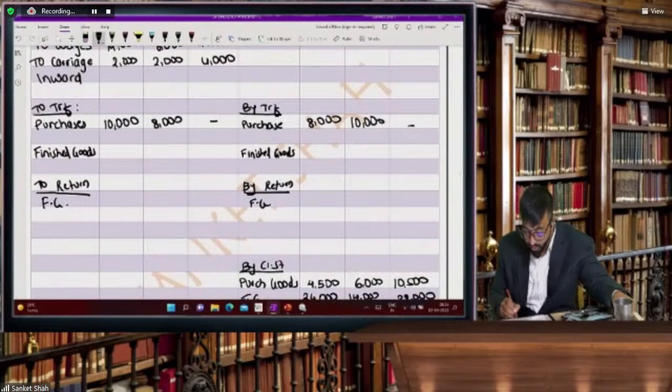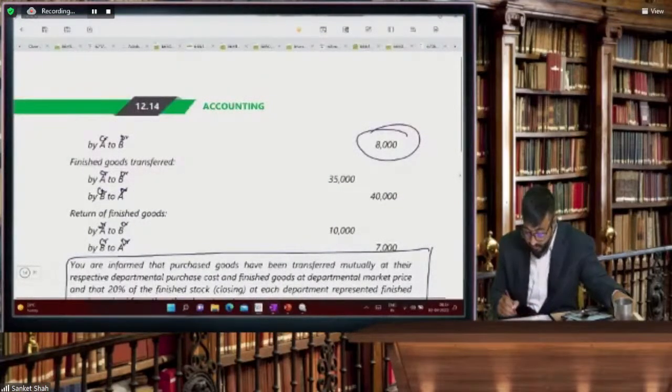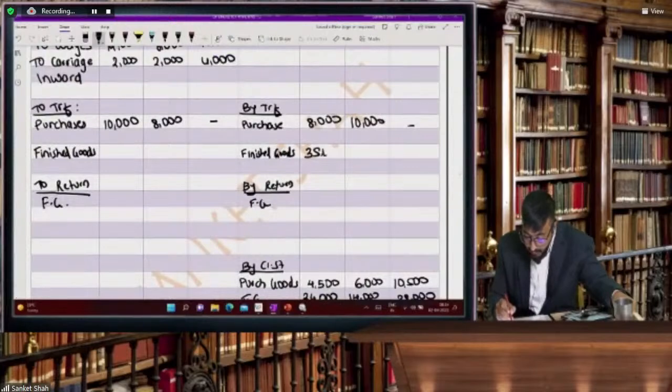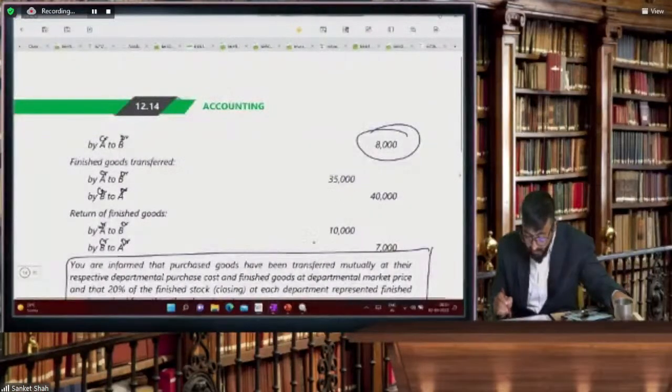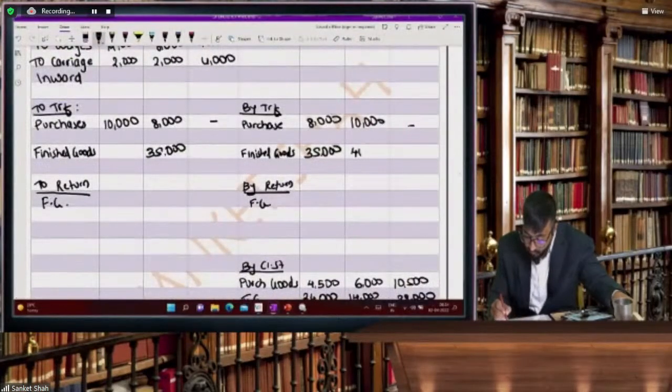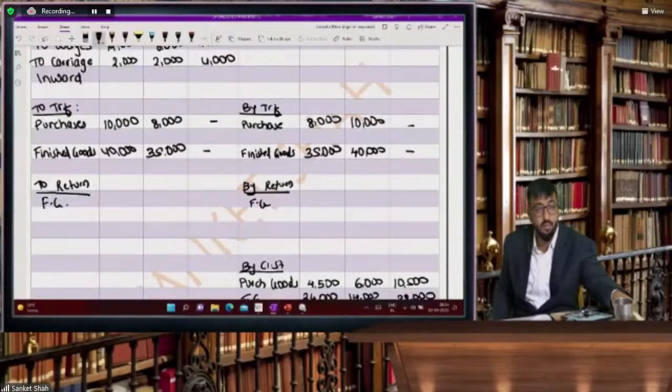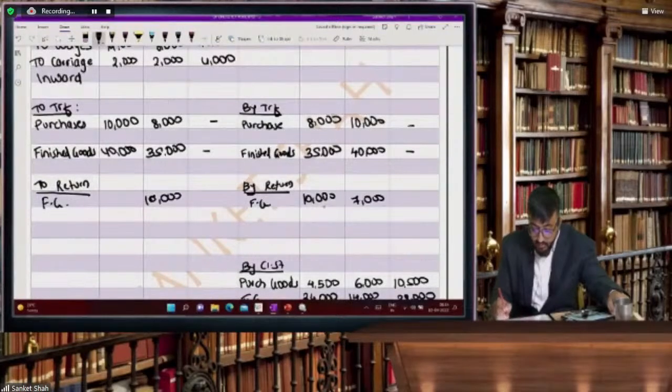Now what about finished goods? A credit 35,000, B debit, and B credit, A debit. Return of finished goods: A credit 10,000, B debit 10,000, and B to A 7,000, 7,000.